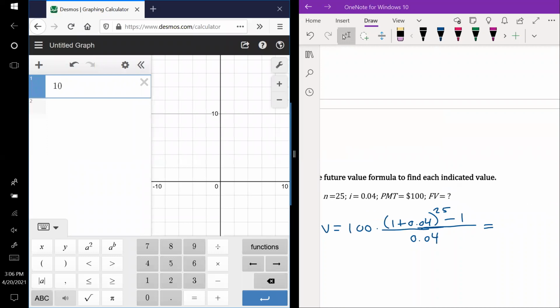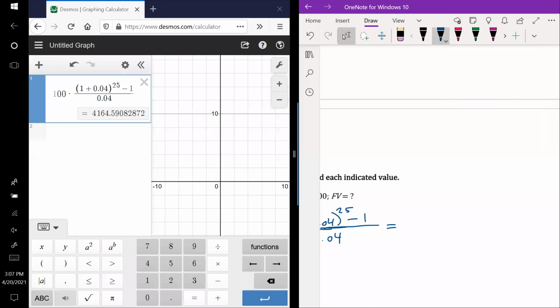So 100 times (1 plus 0.04) raised to the 25th minus 1, over 0.04. And here we get $4,164.59.